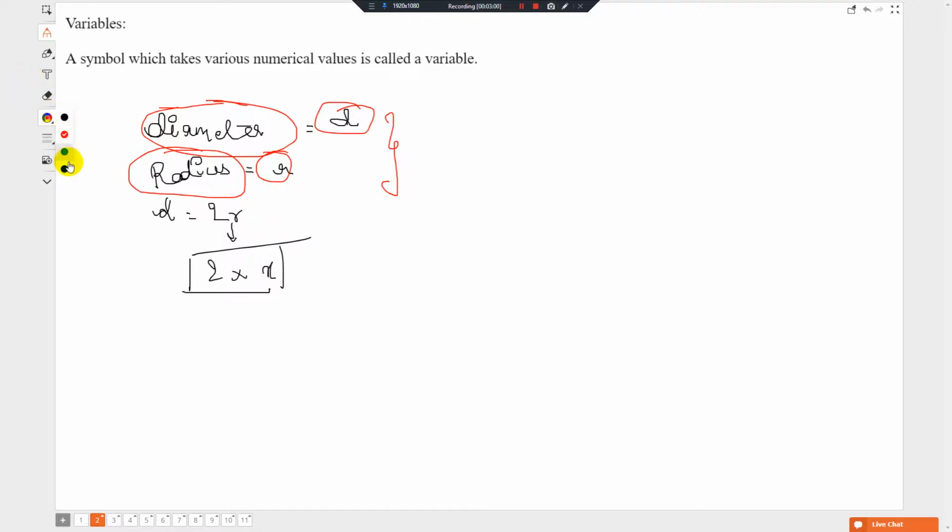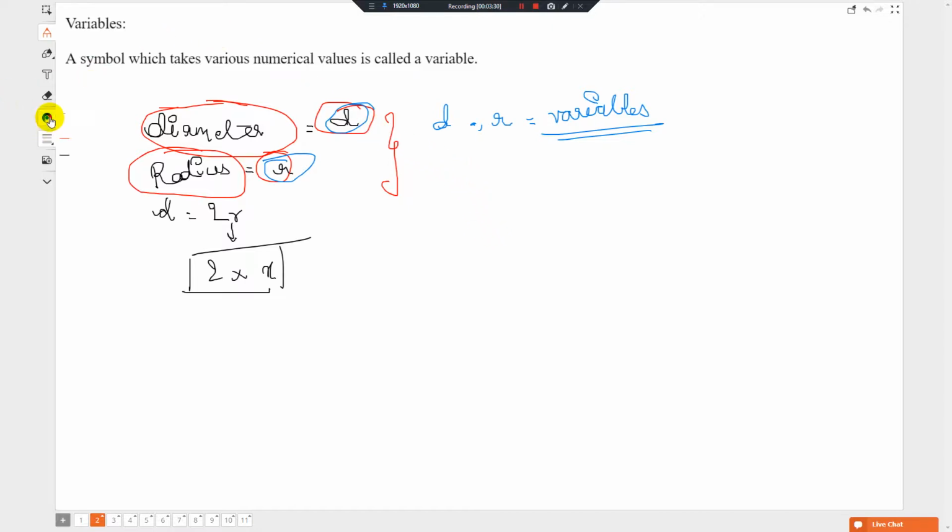Yes, d and r are variables. So we understood the idea of a variable, and now we'll see the definition of a variable.